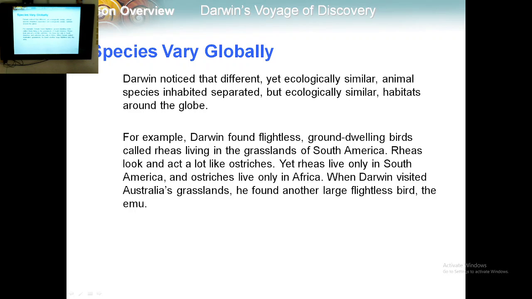So here we can say that species vary globally: they have similar characteristics and similar structure, but in different locations or different habitats around the world.